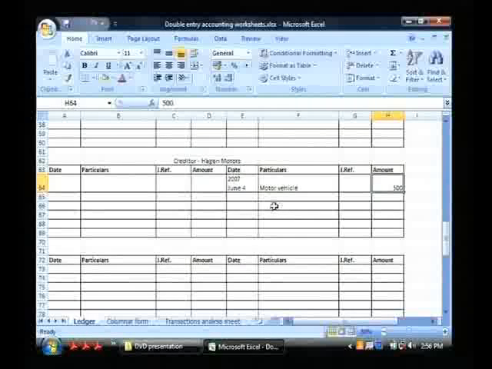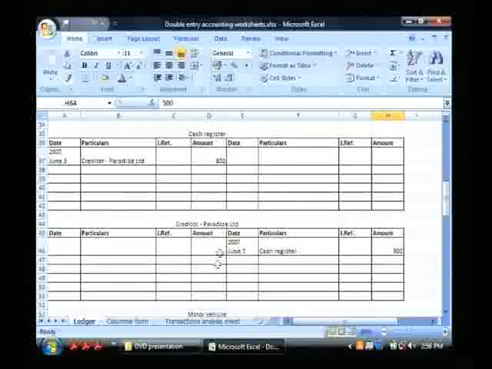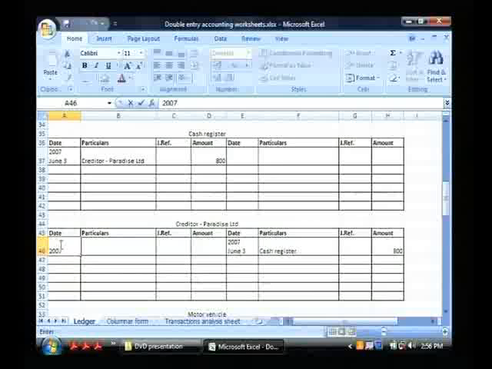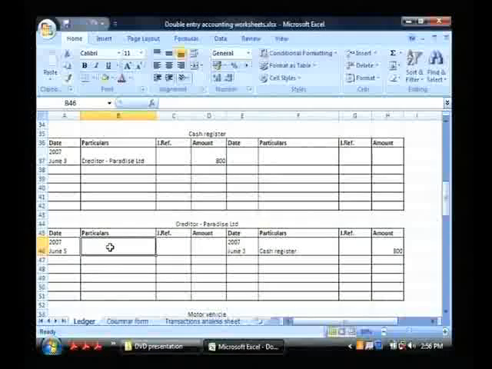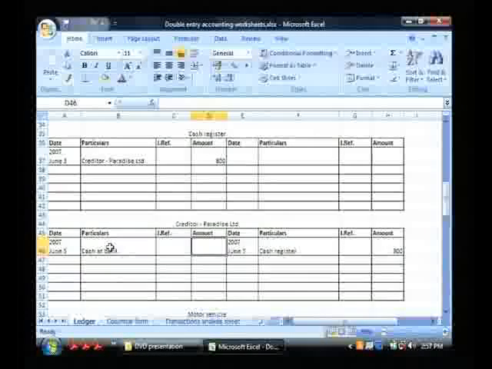5th June, creditor Paradise Limited debit and cash at bank credit. Creditor Paradise Limited, we have one account here, debit, 2007, June 5th, and it is cash at bank credit. Therefore, the title of the corresponding account is cash at bank account.